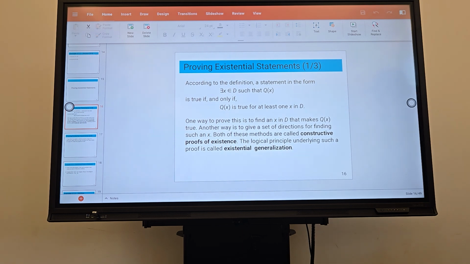Another way is to give a set of directions for finding such an x. Both of these methods are called constructive proofs of existence. The logical principle underlying such a proof is called existential generalization.